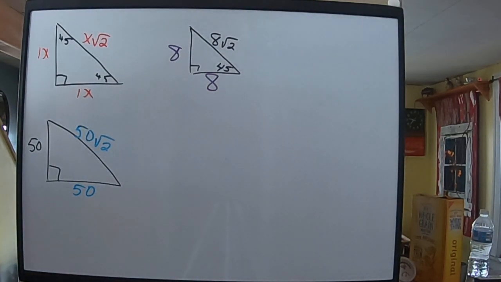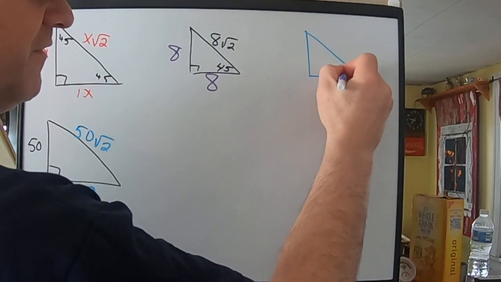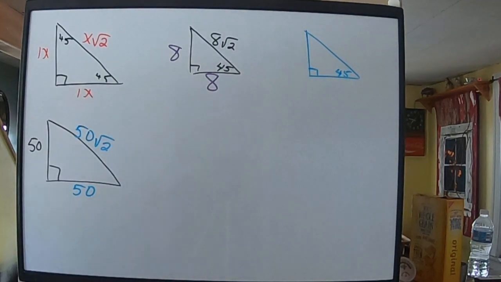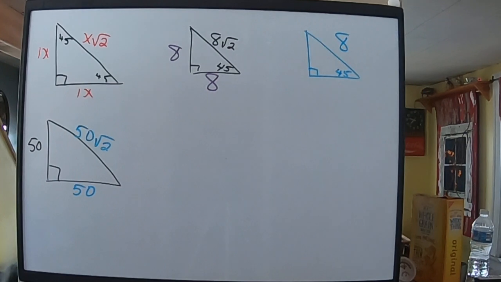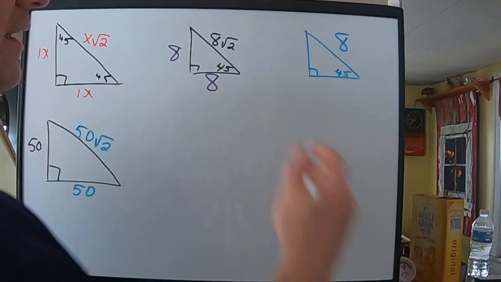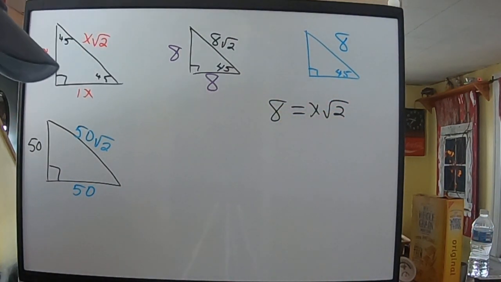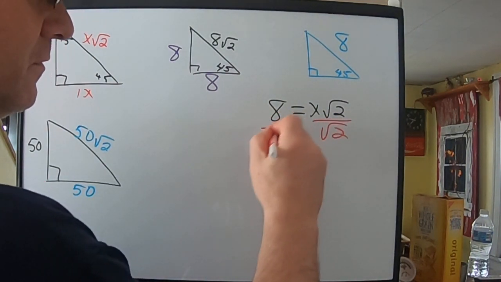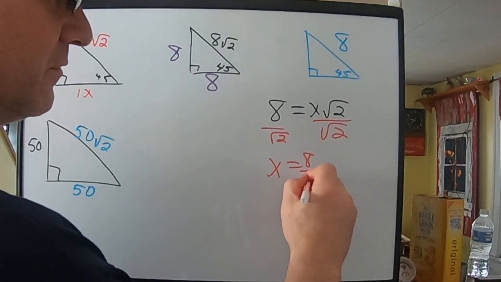Finally, what if we have a 45, 45, 90 triangle, and the side over here is 8. Well, 8 doesn't have a square root of 2, so 8 has to equal x square root of 2. I'm going to go ahead and divide both sides by square root of 2. So x equals 8 over square root of 2.